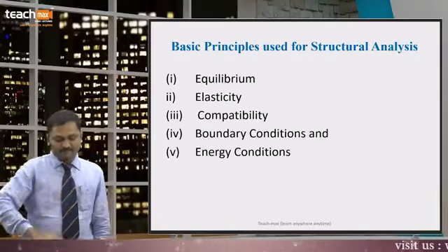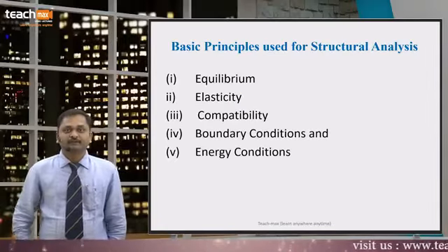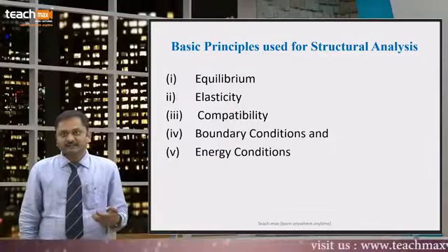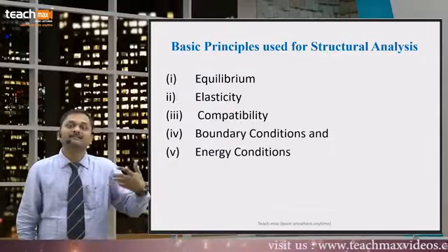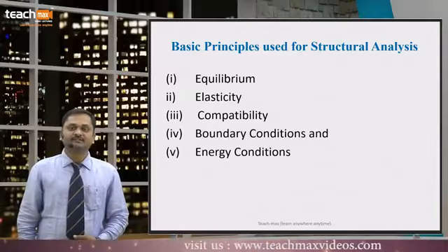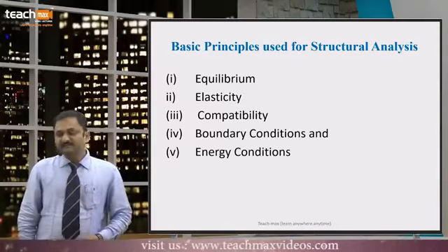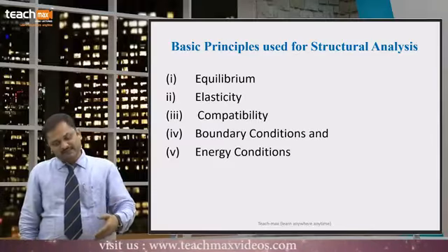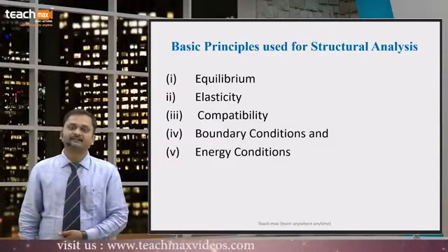So all these we need to use to get the equations, to find the number of unknowns by using all these principles. Okay, so all the methods which are available are based on all these conditions.